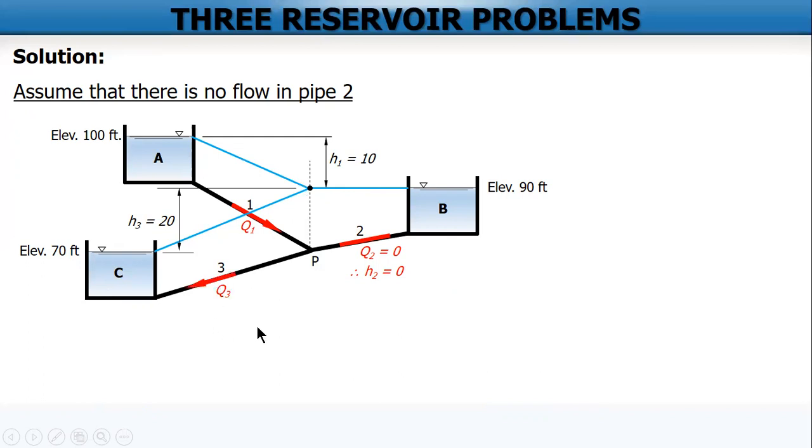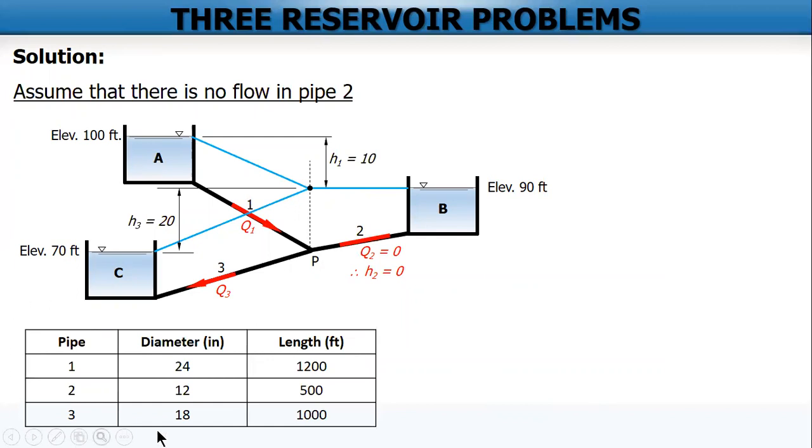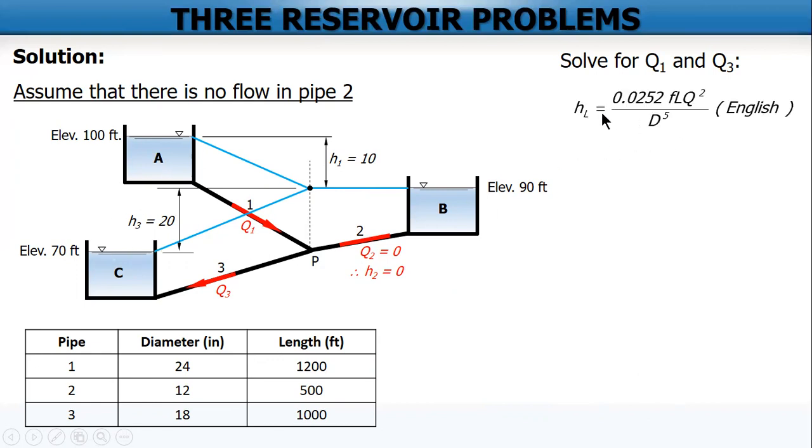Now, we have the properties of pipes 1, 2, and 3: diameter and length. Let us solve Q1 and Q3, since we already have the values of H1 and H3. Here is the expression for friction loss in the English system.